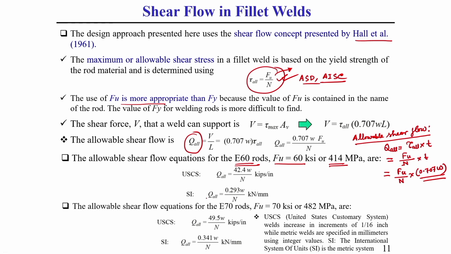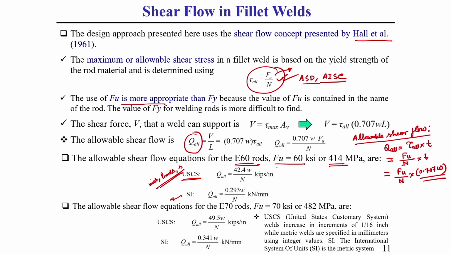For this case, according to USCS, the United States Customary System, always keep in mind that we generally use pounds, inches and seconds. And in SI units, the International System of Units, it is a metric system, as you know, we generally use meter, kg and second.